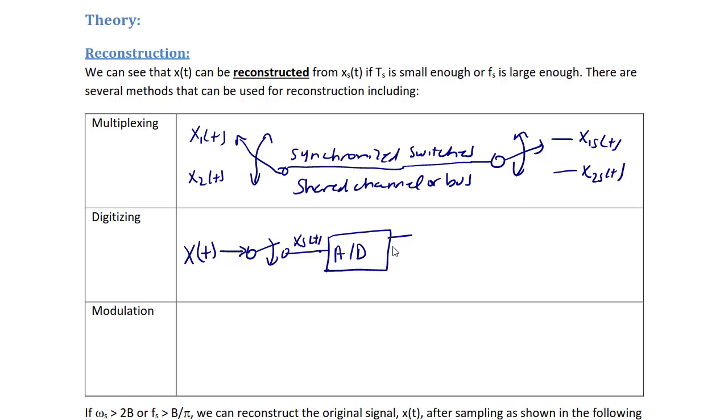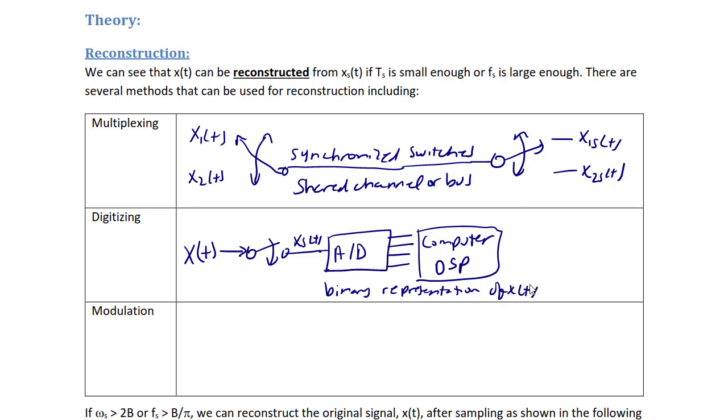And then that goes through a computer with some kind of digital signal processing to get this binary representation of x of t that you can use in the computer, at every Ts seconds. And then on the output, it goes back through the digital to analog converter after it's been processed in the computer, so that you get the output, the sampled signal.